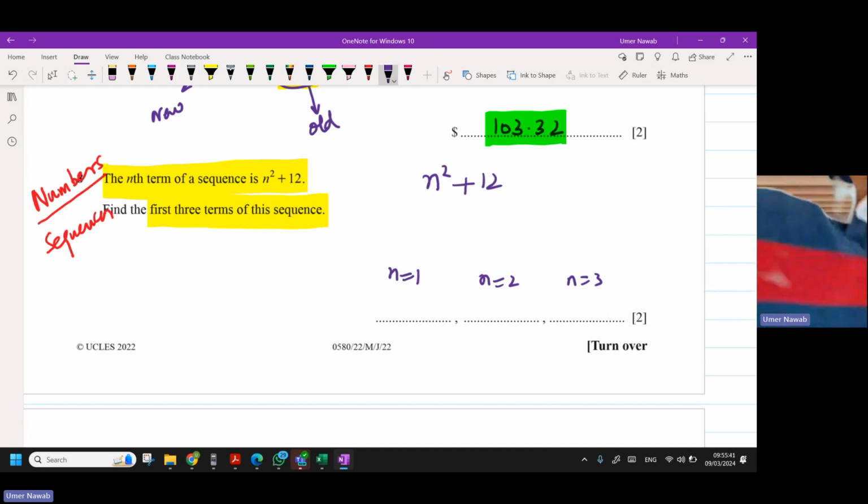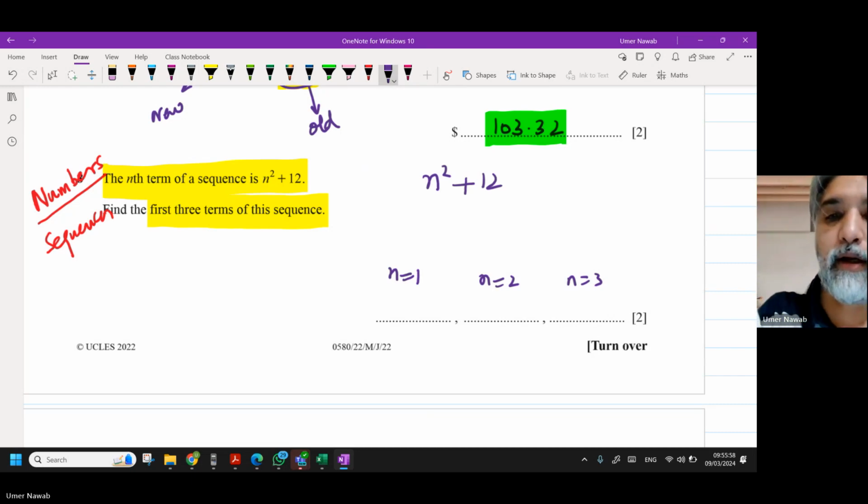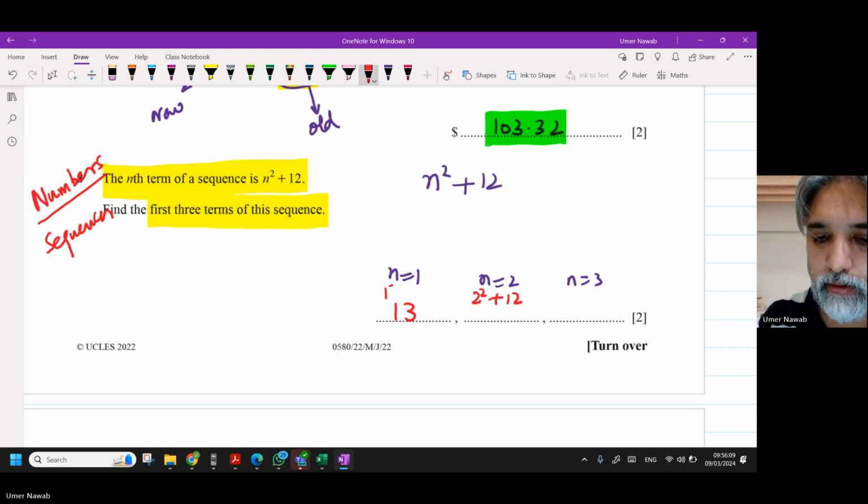Once you substitute, you can get a 3-term sequence. So n equals 1: 1 squared plus 12 is 13, 2 squared plus 12, 4 plus 12, is 16, and then 3 squared plus 12, 9 plus 12, will be 21.